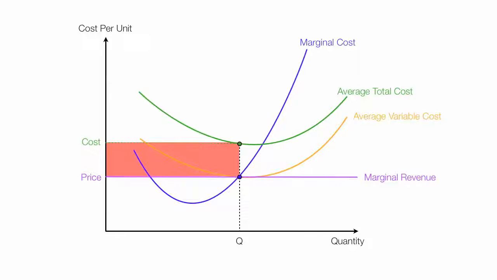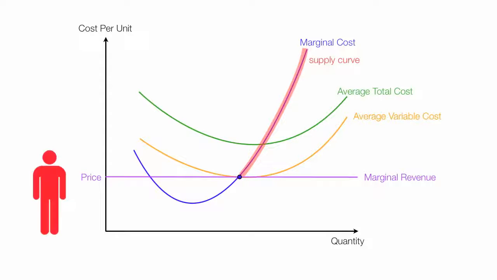So at this point, there's a large economic loss. There's still firms in the market. There's still people willing to supply as long as they cover their day-to-day costs, their opportunity costs, and cover average variable cost at this point. It turns out that that part of the marginal cost curve is the supply curve for the individual supplier in this case.